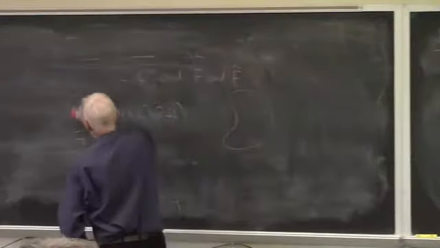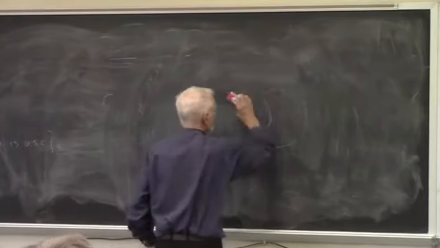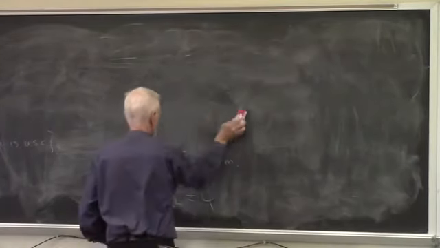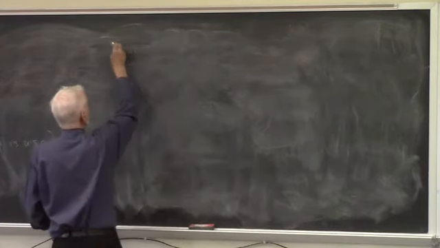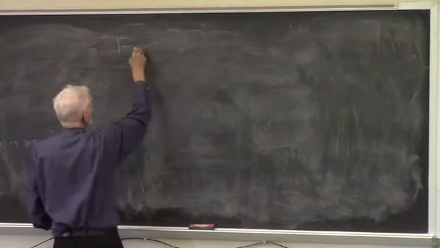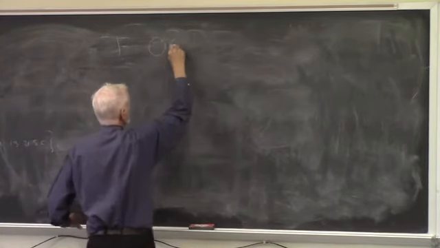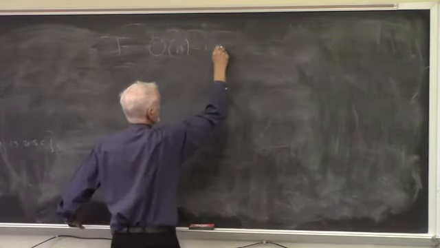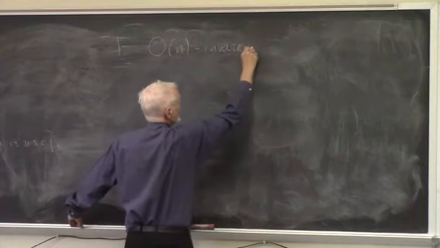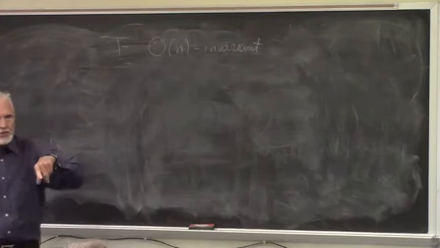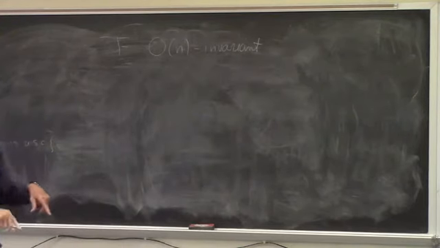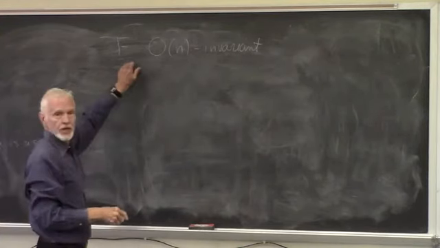Okay, so now there's a few more examples, because I'm going to be coming back to this. So you could have an F which is O(n) invariant. Right, so the orthogonal group acts by conjugation on symmetric matrices, and you can ask if this subset is invariant.